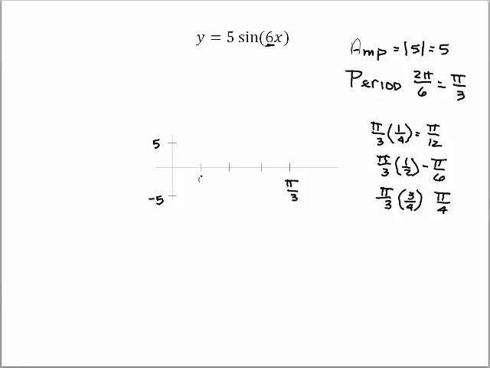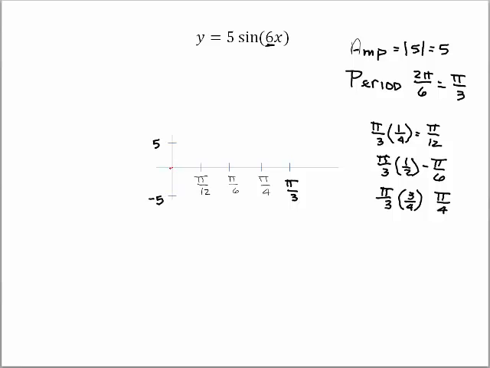So let's put that in. We're going to have pi over 12, pi over 6, and pi over 4. Now let's see if we can get our wave. It's a sine wave again, and it's going to go from the 0, 0 point, because it's sine, and it's going to end at pi over 3.